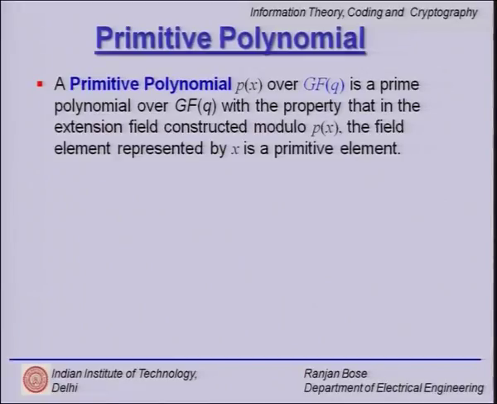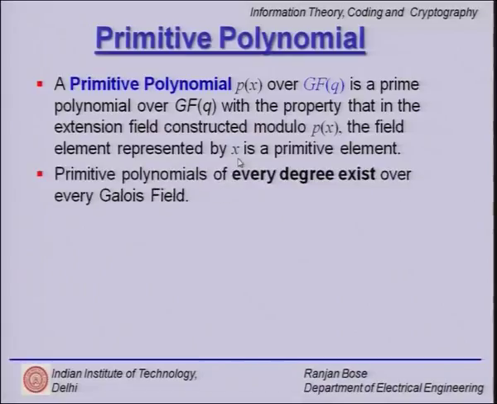A primitive polynomial p(x) over GF(q) is a prime polynomial. Prime, if you remember, means you cannot factorize it, and it is also monic. So, it is a prime polynomial over GF(q) with the property that in the extension field constructed modulo p(x), the field element represented by x is a primitive element. So, you can construct the entire field using powers of x.